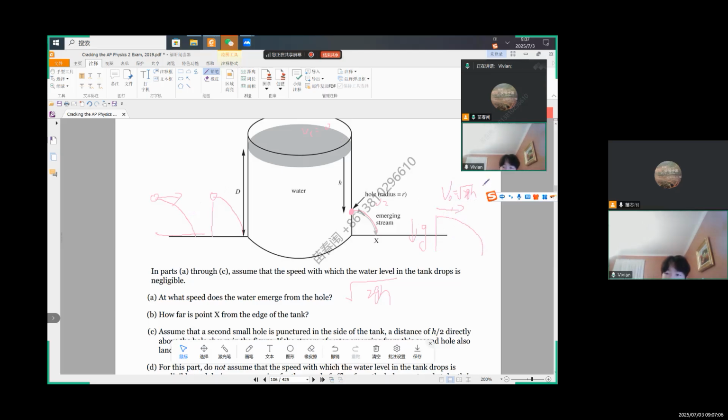So all I need is finding the t, right? v0 times t is going to be how far, the answer to B, right? How far is point X from the edge of the tank? That's the horizontal displacement.